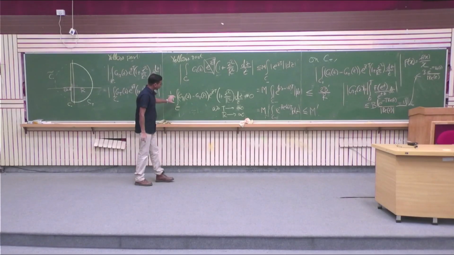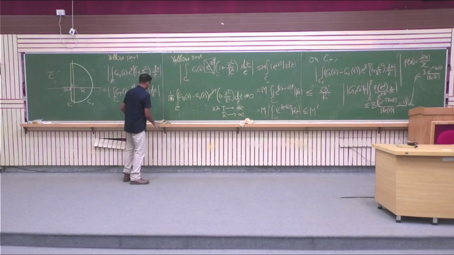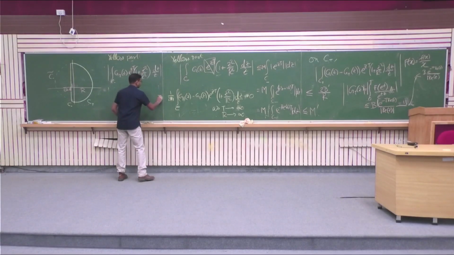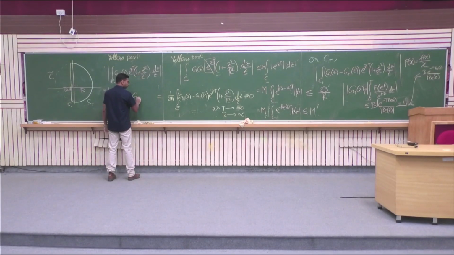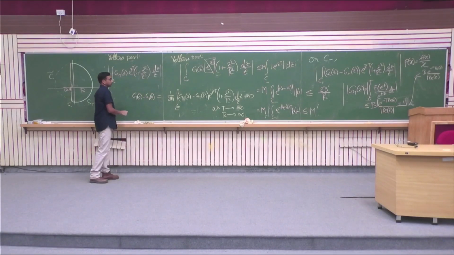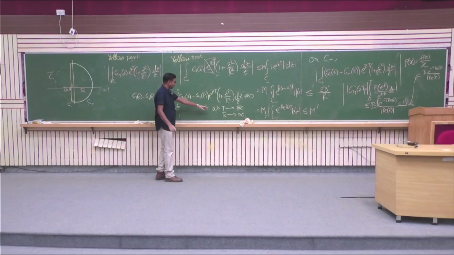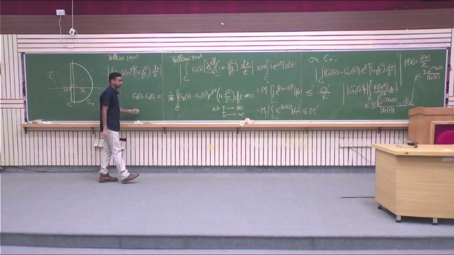So now once we have shown this, that means what? That limit g0. So this was giving you g0 minus gt0, right? Now if you take this limit, r has nothing to do with the left hand side, but t has.